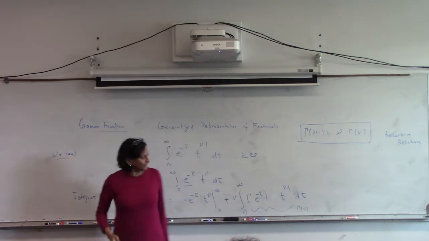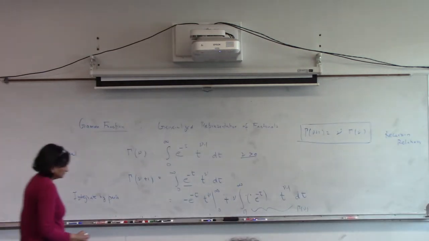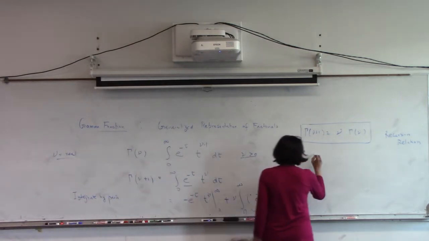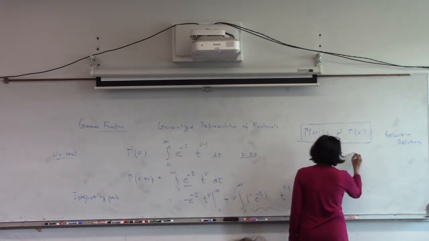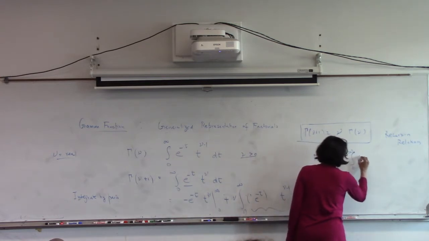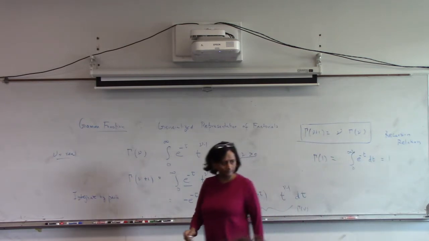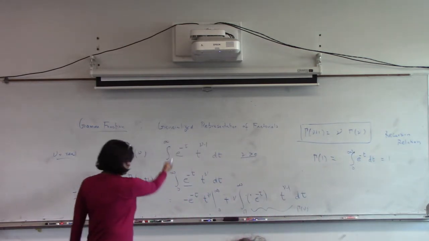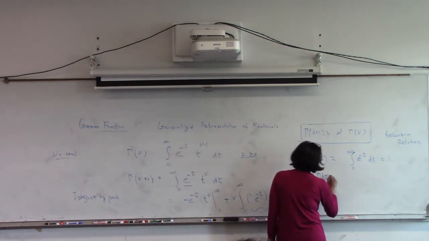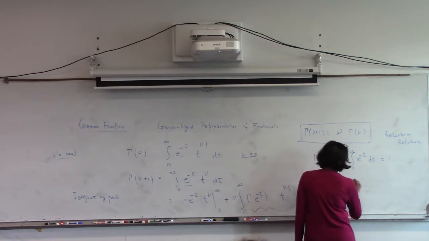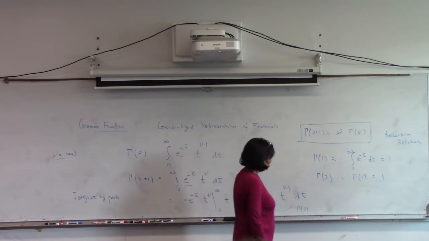What is gamma of 1? I just have to put nu equal to 0 in the definition. Can I say gamma of 1 is 1? You put 1. What is gamma of 2? It's 1 times gamma of 1, which is 1.